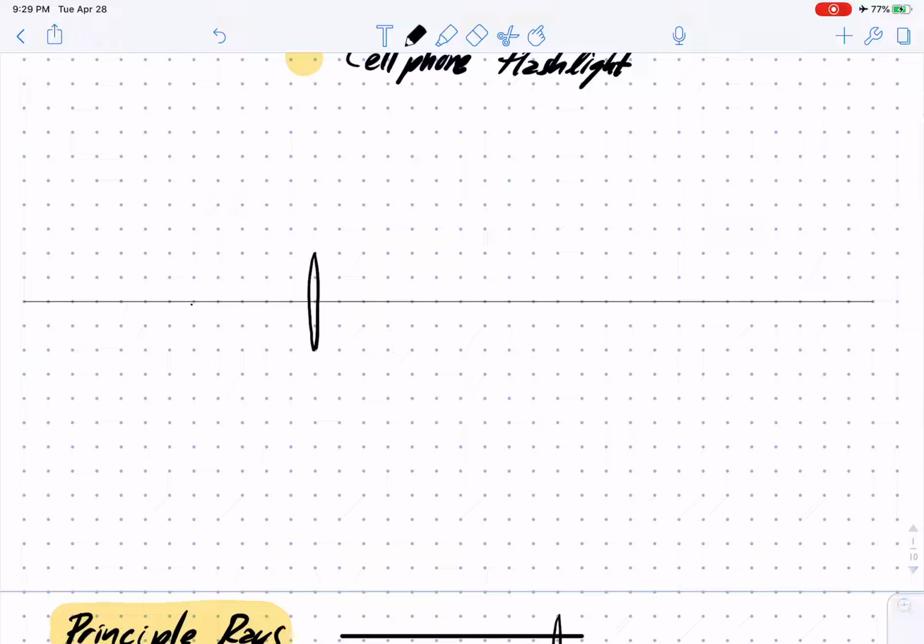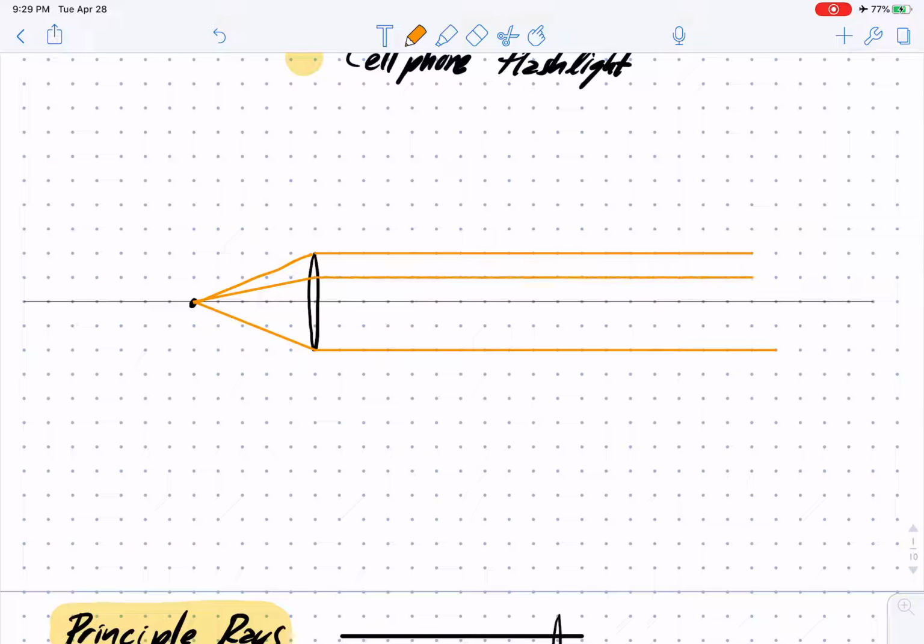Okay, and then the rule goes like this. If light comes from the focal point, it goes out parallel to the axis of the lens. This is useful for making a flashlight, for example. A flashlight, if you want to have a beam, maybe you've had one like this before where you can actually adjust something and it changes the size of the beam. What you're really doing was moving the light bulb relative to the lens.